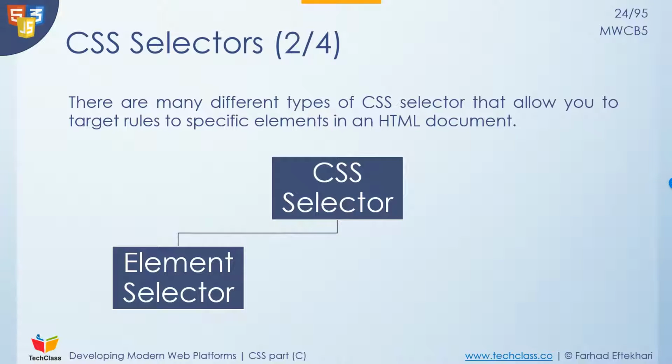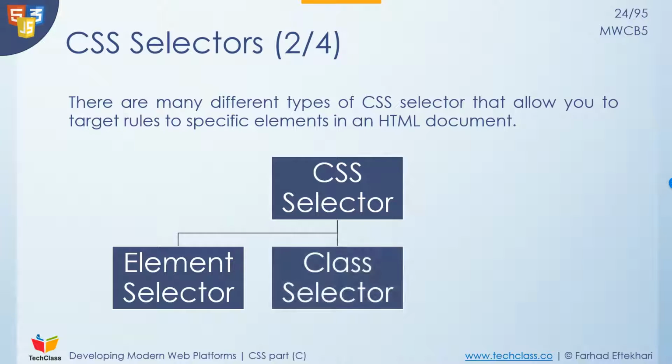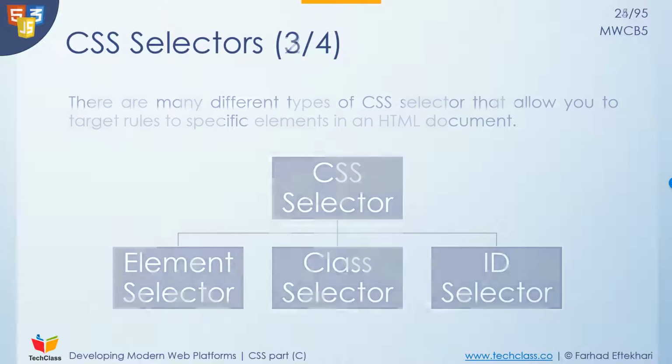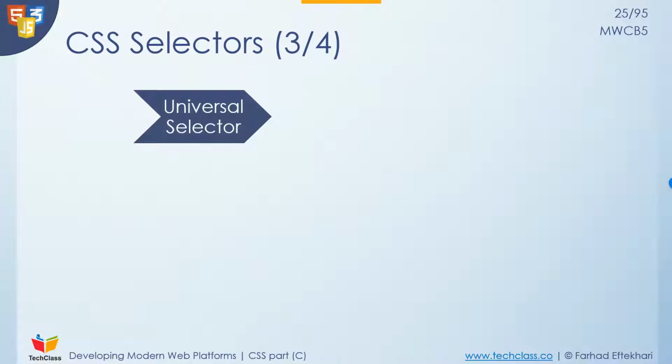We already went through that for selecting the H1 element and applying those rules to all of those elements. We have class selector, and then we have ID selector. And then we have universal selector, this star, and then this declaration inside of that.